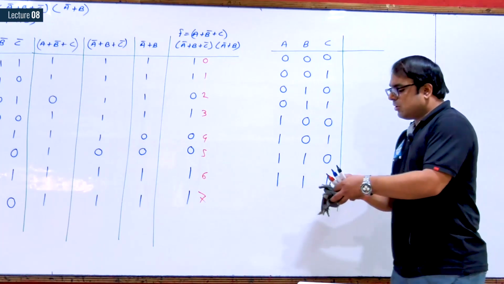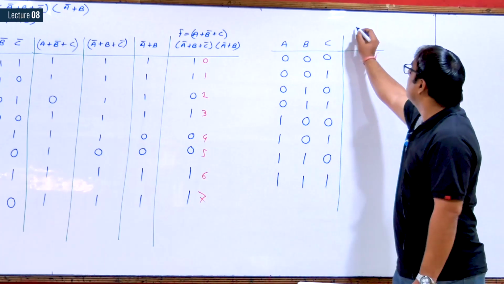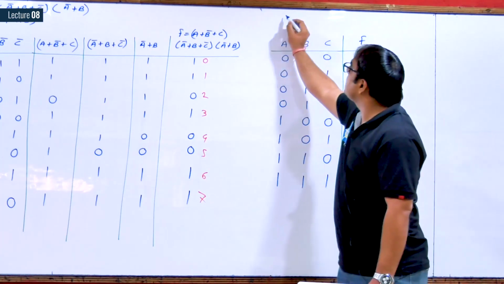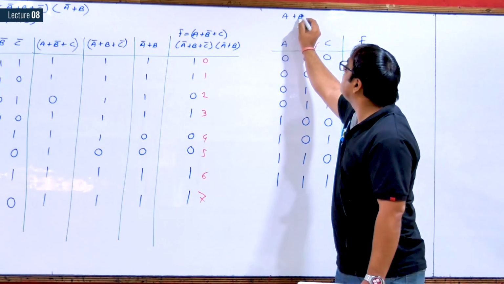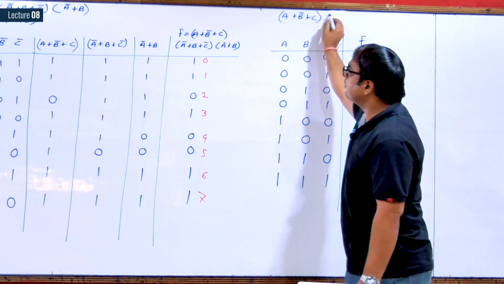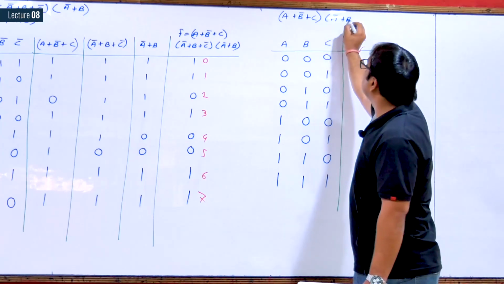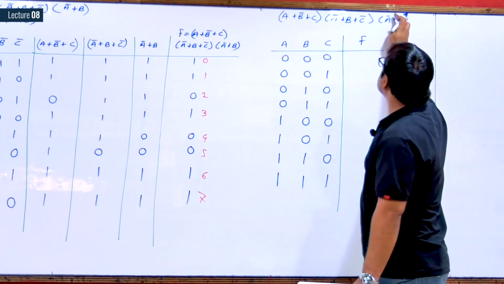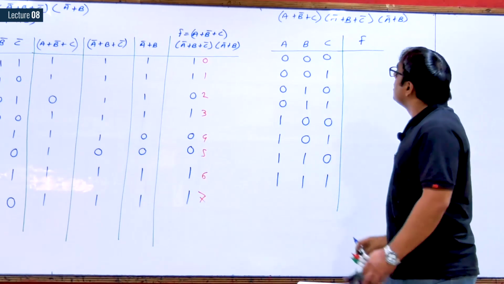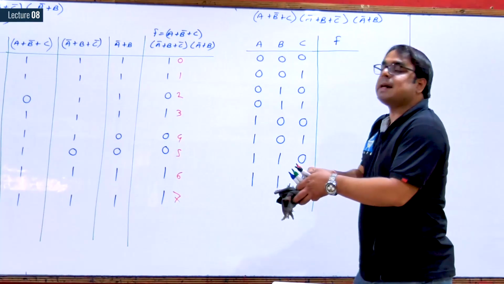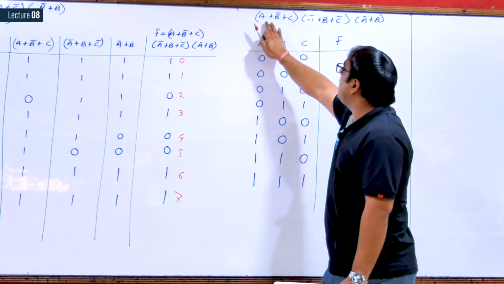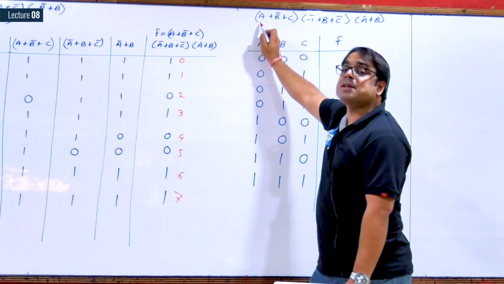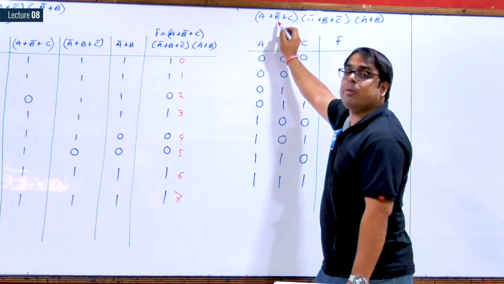Okay, so now this function, same function, I am continuing. If you will see, this is A plus B complement plus C, this is A complement plus B plus C complement, and this is A complement plus B. Now if you try to analyze this A plus B complement plus C, which combination is this? In max term, one corresponds to the complemented one.